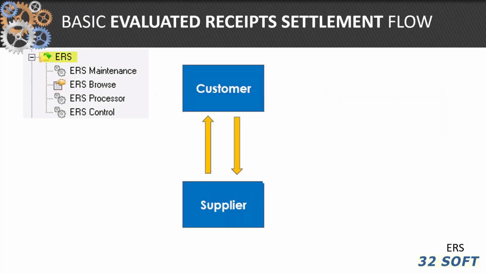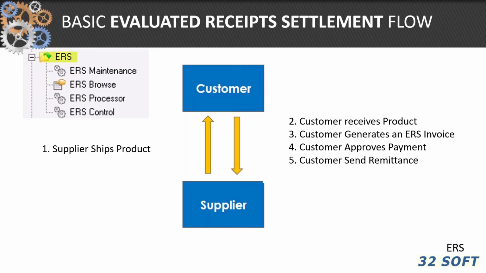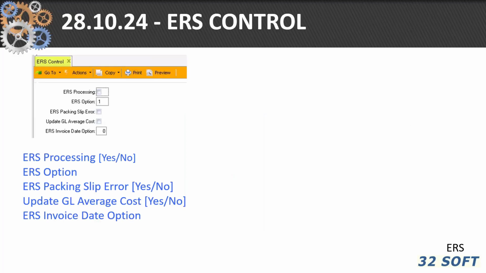based on receipt quantity. So the basic flow is the supplier ships the product. The customer receives the product, generates an ERS invoice, customer approves a payment, customer sends a receipt, and then the supplier matches the remittance and the invoice to that process.